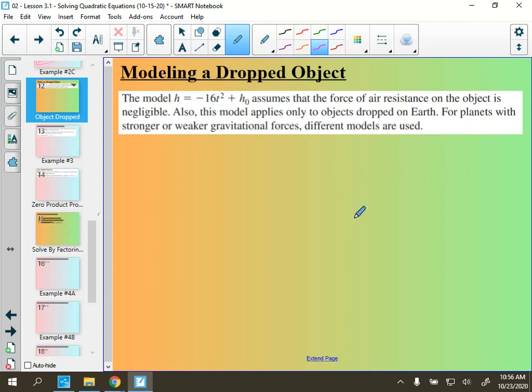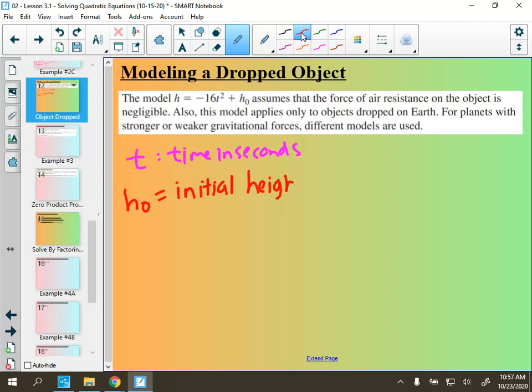The big things we need to know for this: what does this stuff stand for? T is definitely time in seconds. The h with the little 0 is your initial height. How high are you dropping your object from? Are you on top of the roof, or are you just standing? So your initial height in feet.